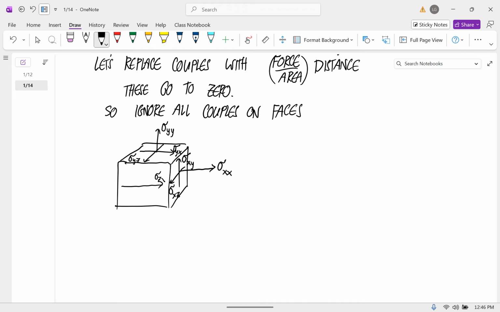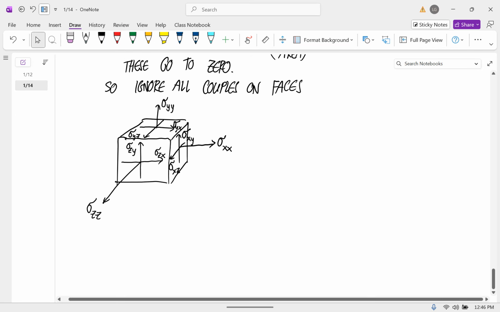sigma zx, sigma zy, and then sigma zz. That only shows 3 of these faces. There's 3 that are obscured. But now we've gone from 6 loads on each of these 6 faces to only 3.